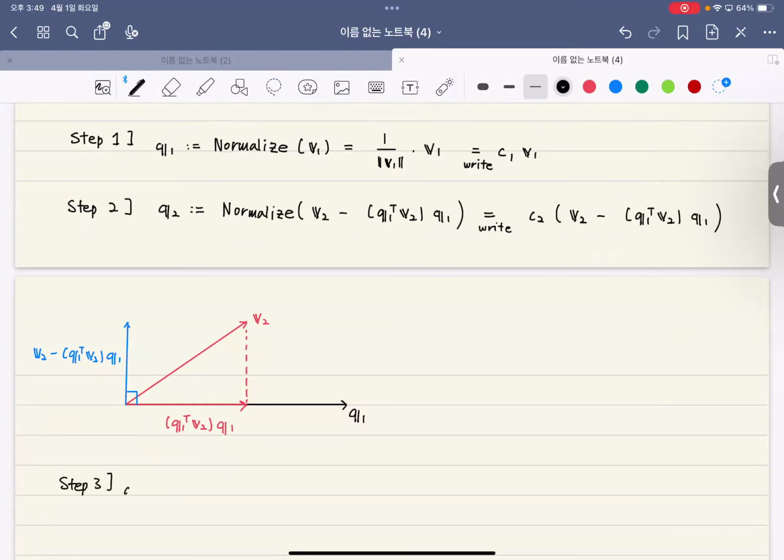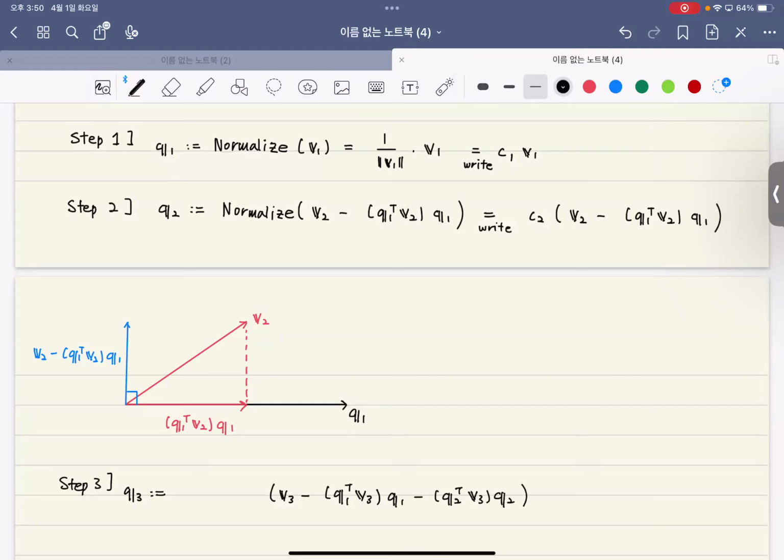The next step, number 3. Now I want to have Q3. Q3 is what? Starting from V3, I remove every single Q1 component of V3 and also every single Q2 component of V3.